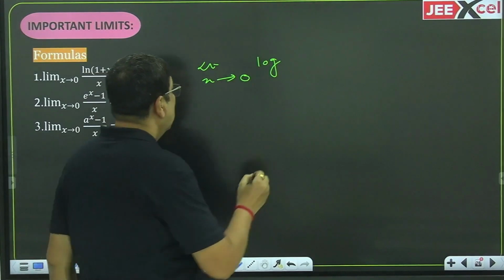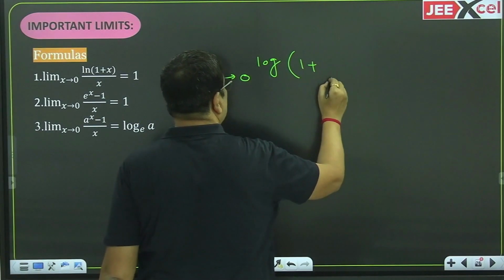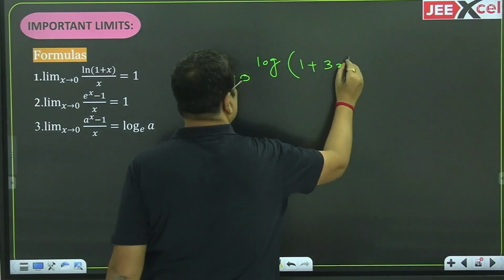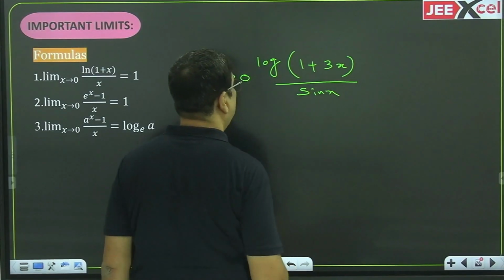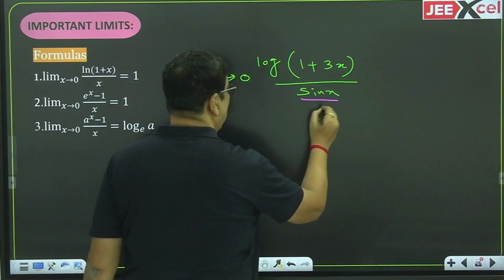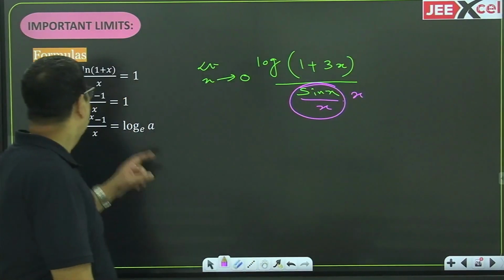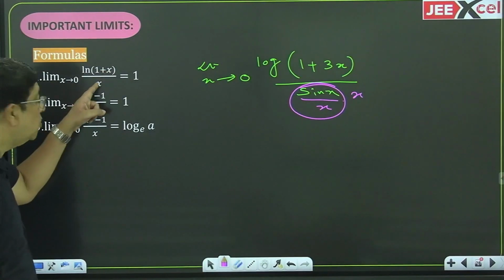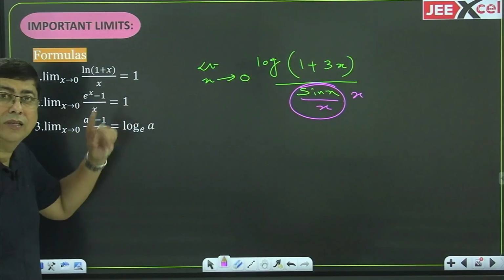Therefore, suppose one question: limit x tends to 0 log of 1 plus 3x by sin x. What will it be? See, first in the product form we make sin x by x equal to 1. Now log of the same concept, these two are same and this should tend to 0, then the answer is coming 1.